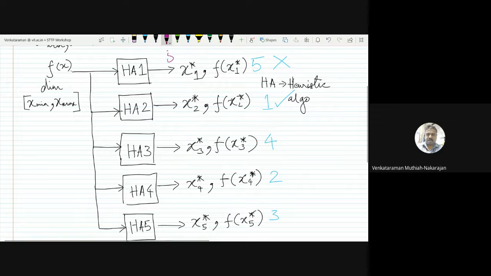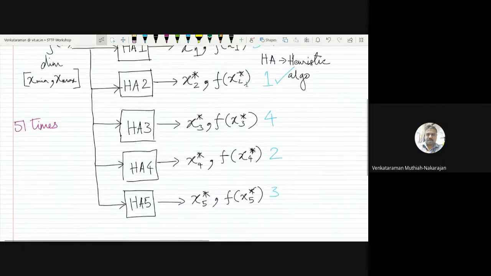You run all 5 algorithms 51 times each, and you get some statistical information for each of the algorithms. So HA1 you run 51 times, HA2 you run 51 times, and so on.